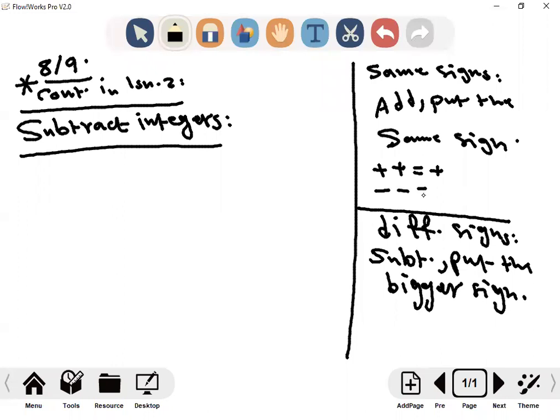Minus minus with plus. Plus minus and minus plus, both minus. So if you have two signs following each other, you replace them with one sign, then you follow one of the two formulas, either the first one or the second one. And these formulas are only for adding and subtracting.